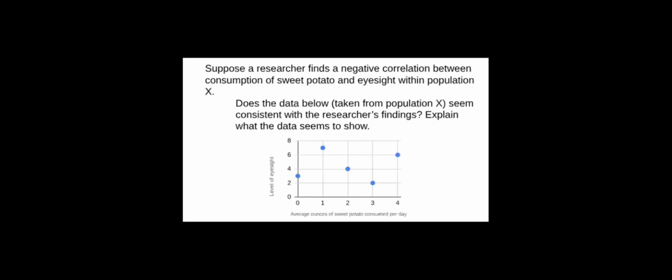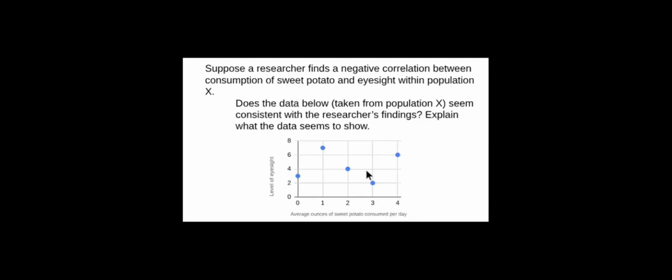The next question is, does the data below seem consistent with the researcher's finding? Explain what the data seems to show. So this is the average ounce of sweet potato per day, and this is the level of eyesight. Does more sweet potato tend to show a lower level of eyesight?